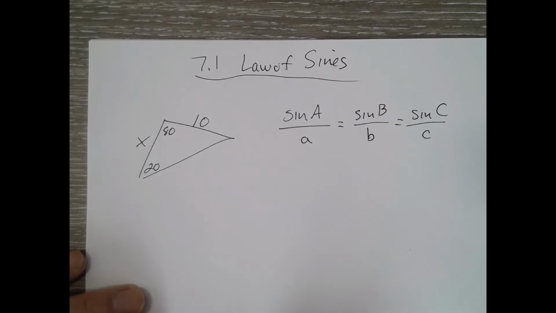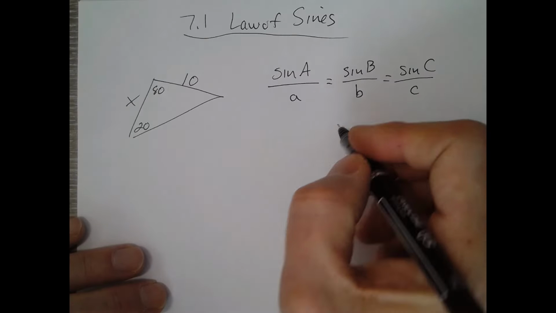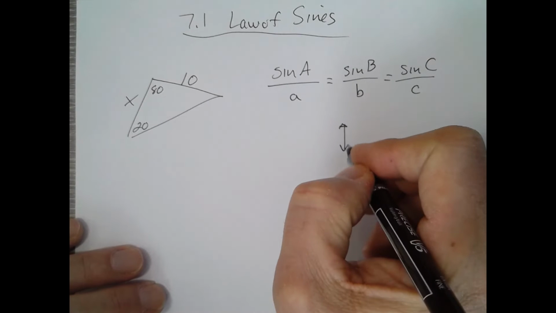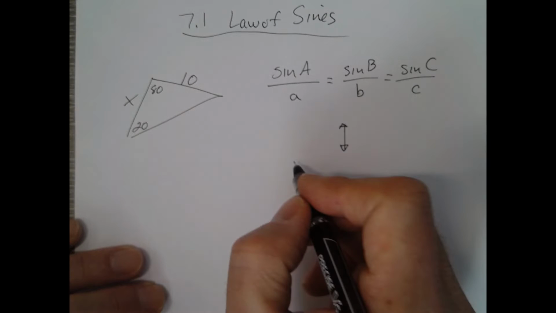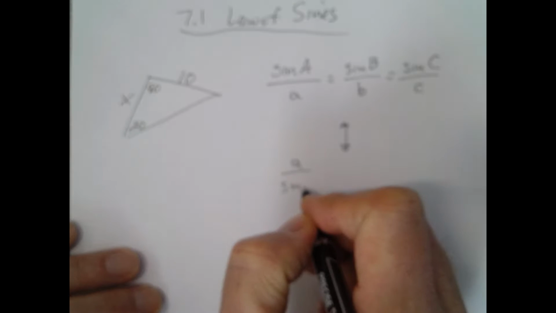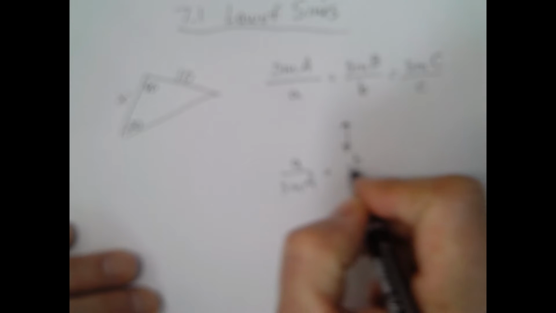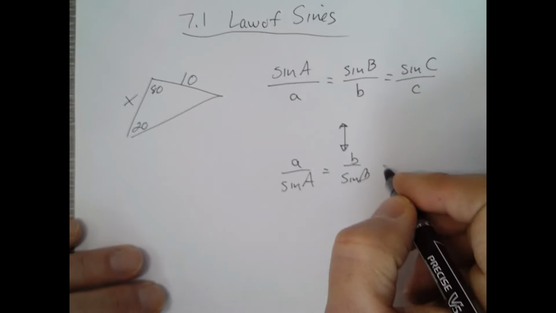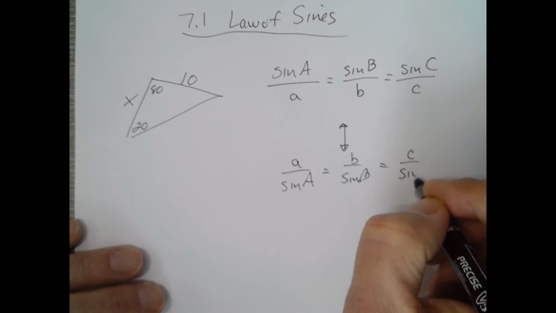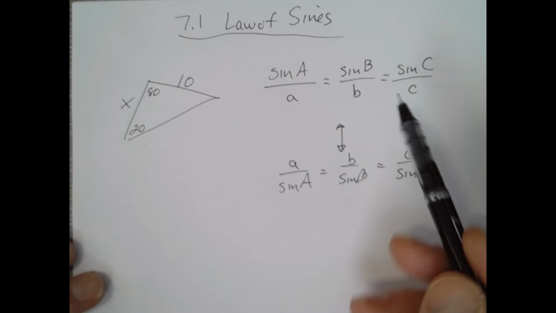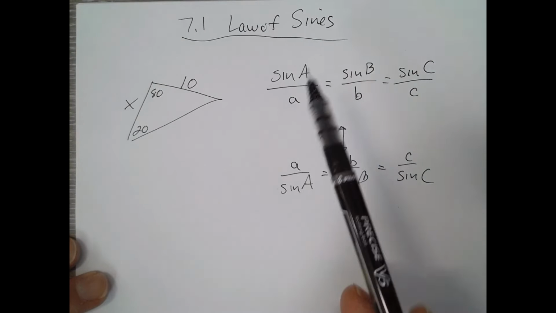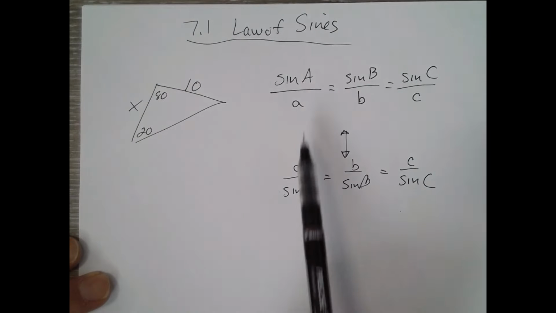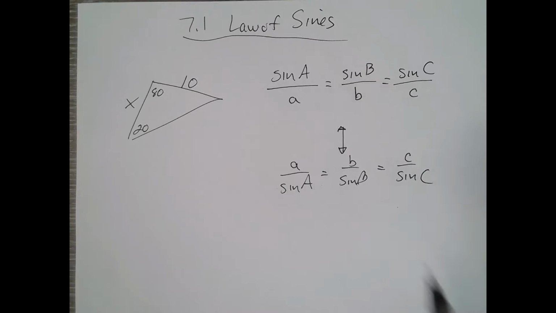That's the law of sines. Some people prefer to flip it. So a over the sine of A equals b over the sine of B, equal to c over the sine of C. I'll usually use the top technique. It doesn't matter, but if you take the reciprocal, they're always going to be equal to each other also.